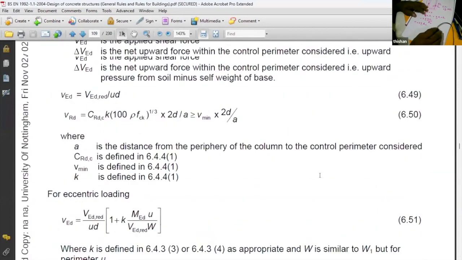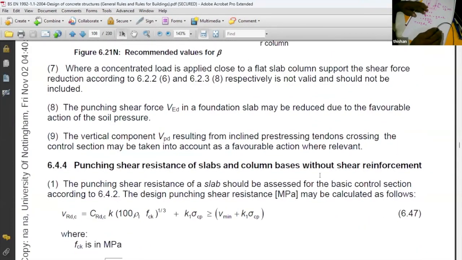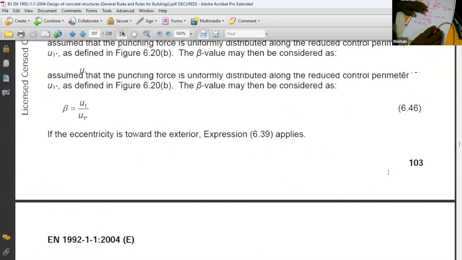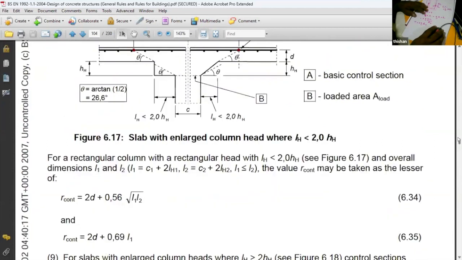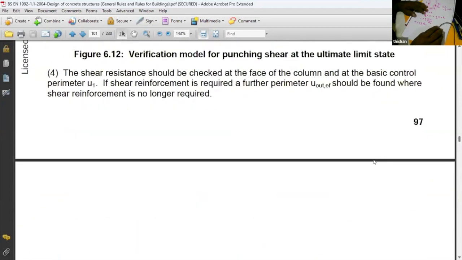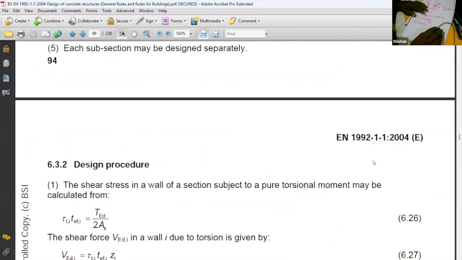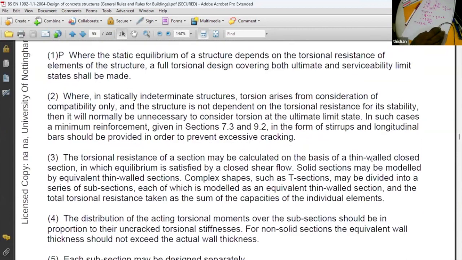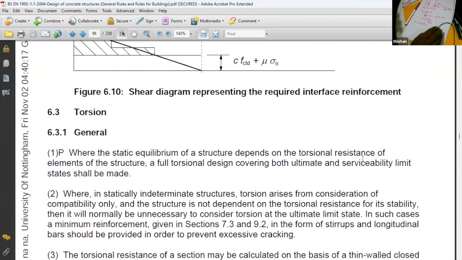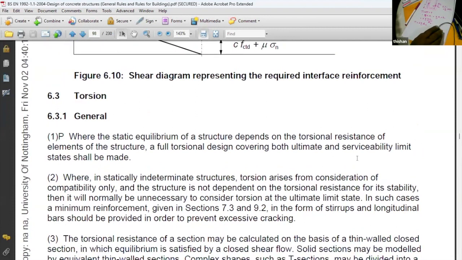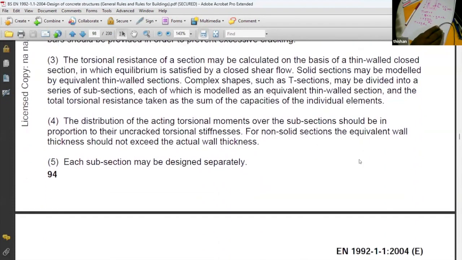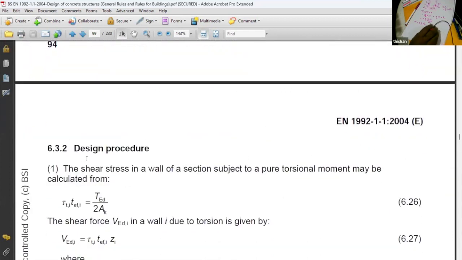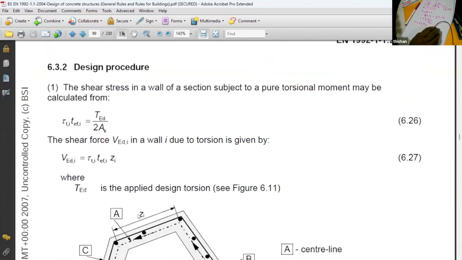So this is the code. This is all about punching shear. Okay. Now here you get torsional shear. So if you look at torsion in the code, it's a very small section. And this is the equation that we have just proved.